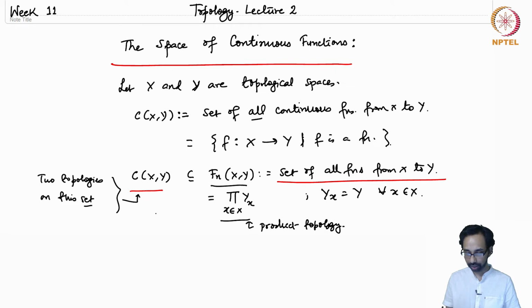So first of all, let us start with the product topology on the set of all functions from X to Y, and keeping in mind that these are functions, this product topology has a special name. So when X and Y are topological spaces, we have a special name for this product topology.